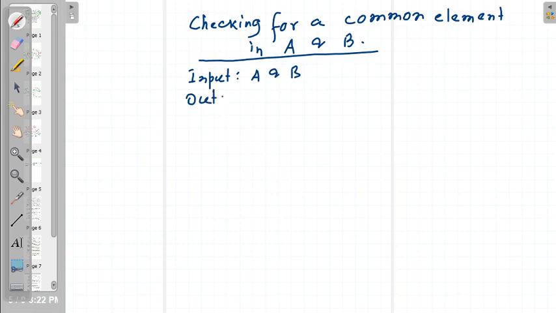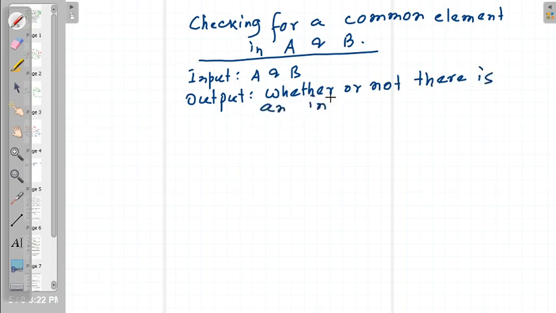Output: whether or not there is an integer t contained in both A and B.